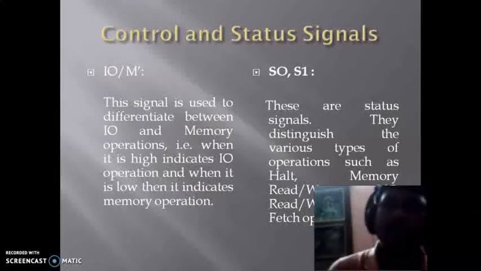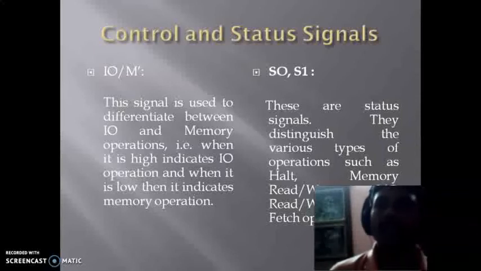When any input output operation is going on in the microprocessor, this pin generates a 1 signal, an active high signal, and when the microprocessor is performing any memory related operation, this pin sends a 0 signal. It generates an active low signal.